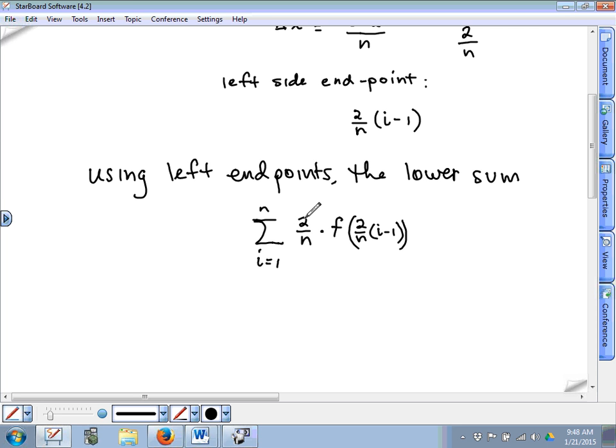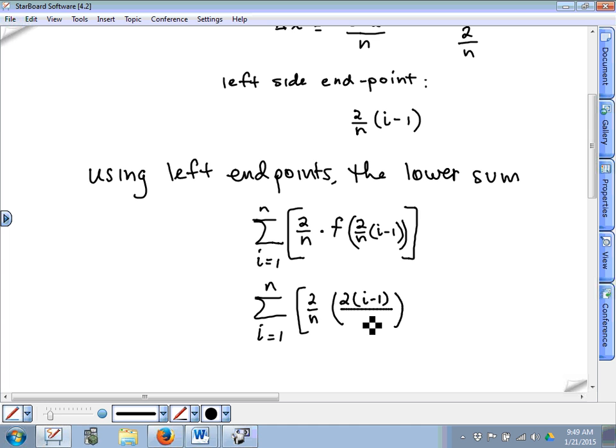Put this whole thing in brackets so you remember that we're taking the sum of that whole thing. Alright, see if you can follow this. What happened there?